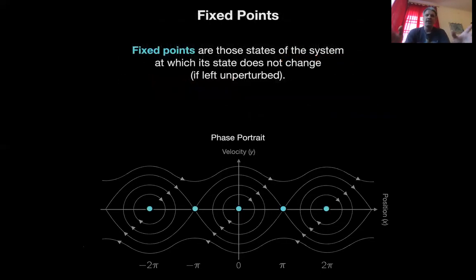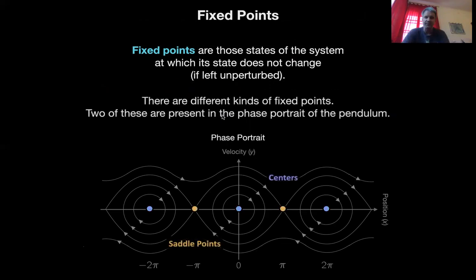There are a bunch of features that are really interesting in this phase portrait. The first, and this is highly unusual actually, is that in this system we have fixed points, different ones. Fixed points are those states of the system at which its state does not change. If the system is at a specific fixed point and you don't perturb it, it will stay there. Very simply.